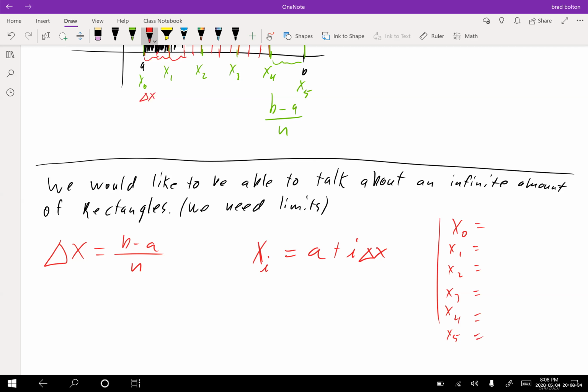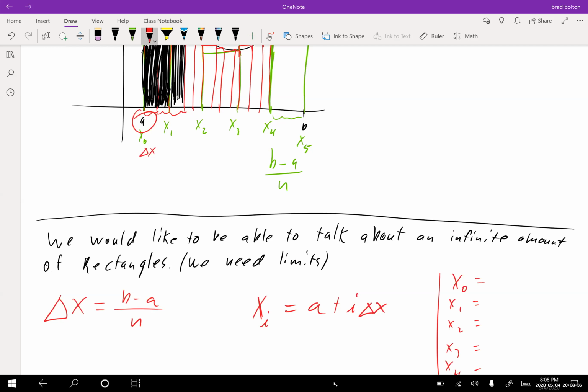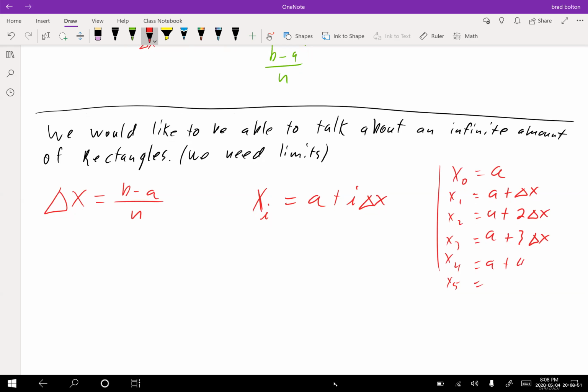If you started off right here at a, your x sub 0 would be a, right? But then don't you add a delta x to get to the next rectangle? And then the next one would be 2 delta x's you've now walked. The next one would be 3 delta x's, the next one 4 delta x's, and the next one 5 delta x's you've now walked.